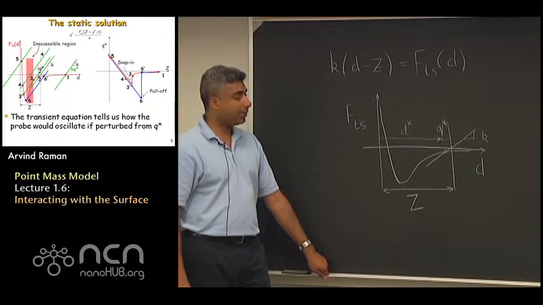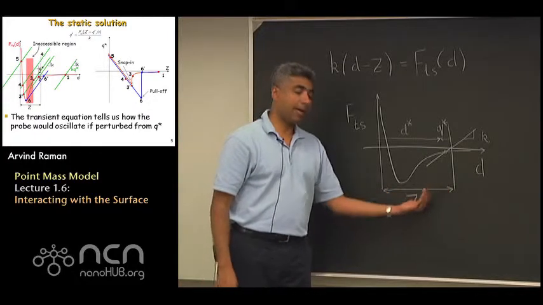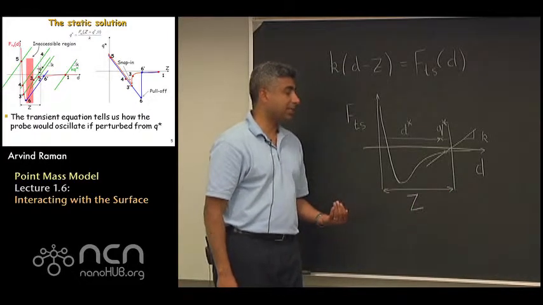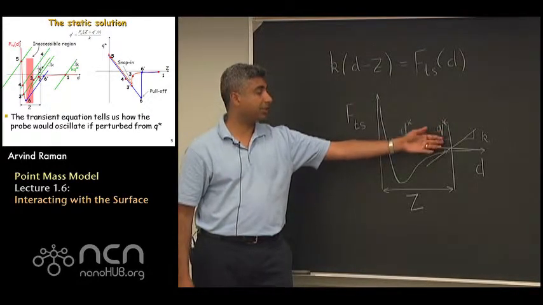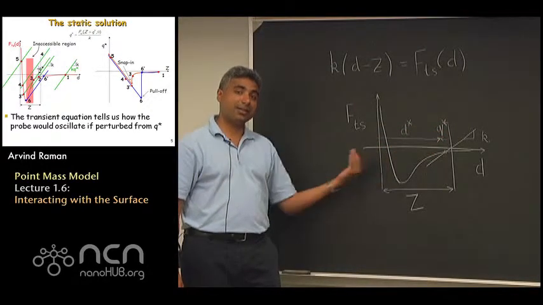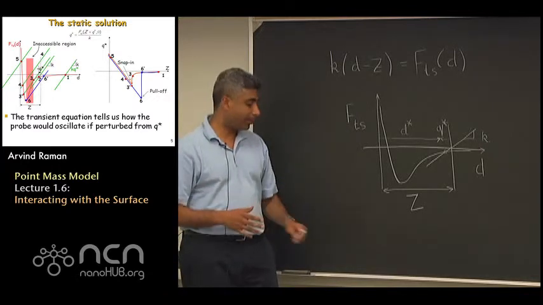So what we'll do now is to step down in z and approach the sample by reducing z, and try to see how this tip sample deflection, or the tip deflection q star, changes as you change the separation between the cantilever and the sample.